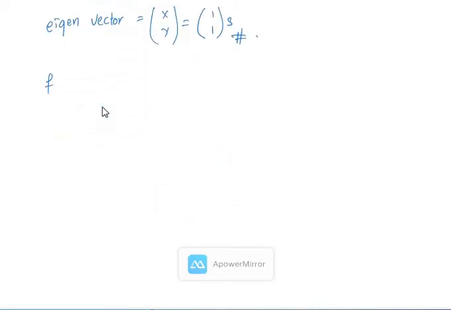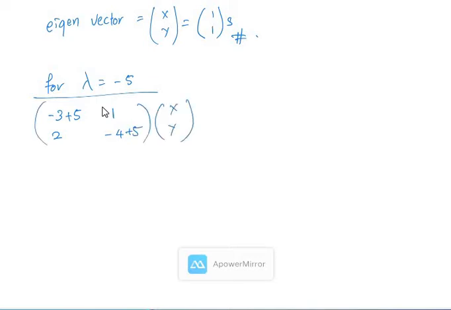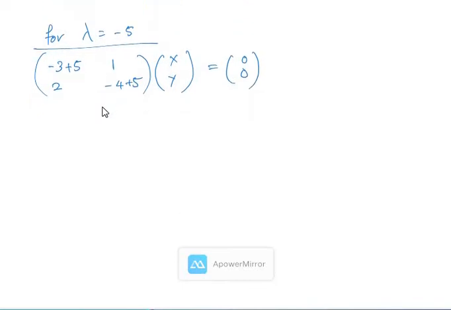Then next one is for lambda equal to -5. So you substitute the -5 into lambda. Okay, negative 3 plus 5, you get positive 2. So 2 times x, you get 2x plus y equal to 0.